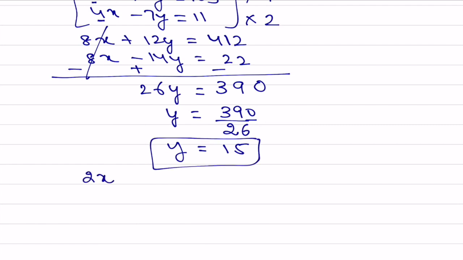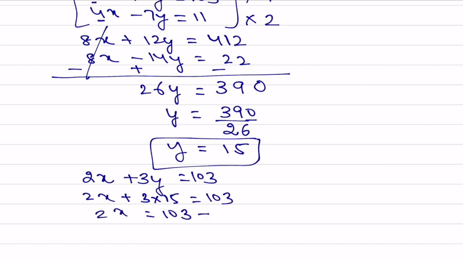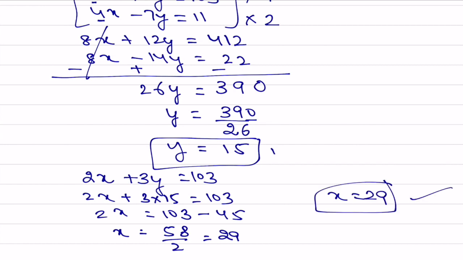I am putting it in the first equation to get the value of x. 2x is equal to 103 minus 45. So x is equal to 58 upon 2, that is 29. So the first number is 29 and the second number is 15.